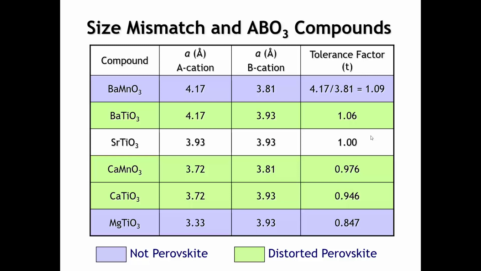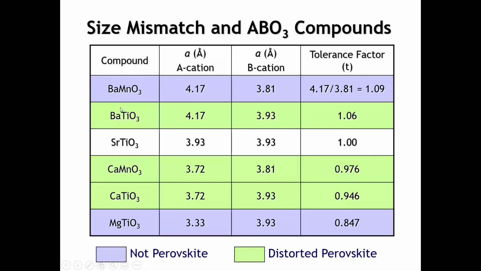All right, now let's look at just a few selected compositions and their tolerance factors. Strontium titanate, as it turns out, is a perfect fit, basically. The tolerance factor to 3 significant figures is 1. But if I replace the strontium with barium, which is larger, now the tolerance factor gets larger than 1.